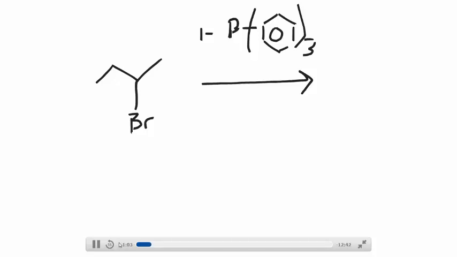And after you've done that, we tend to add a Grignard reagent or an alkyl lithium reagent. Basically, you need a very strong base present. So I'm just going to keep this one kind of simple. But you do need to have a strong base present in your second step.